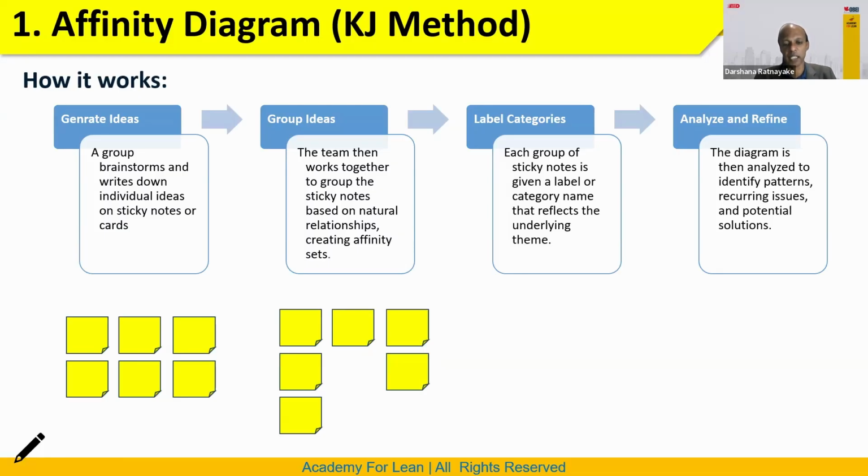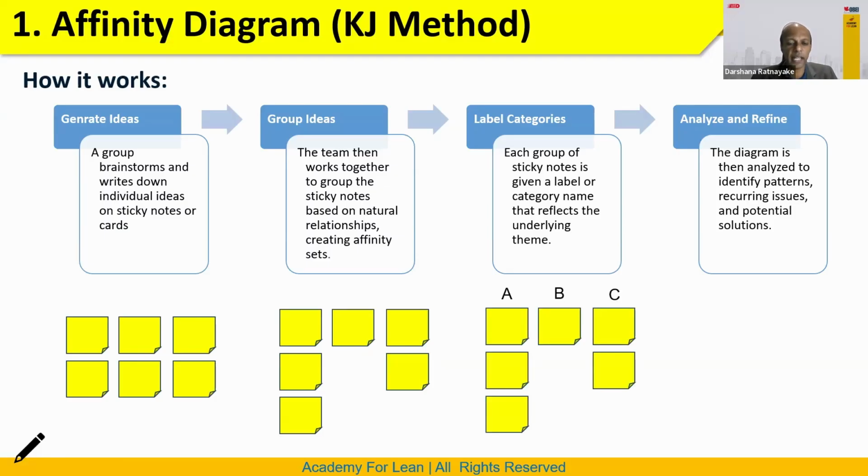Then number 3, each category we give a separate name. Let's say A. A is zooming, because in that area, all the sticky notes we discussed or wrote down are about the zooming options. For B, we can give another name, based on the category.